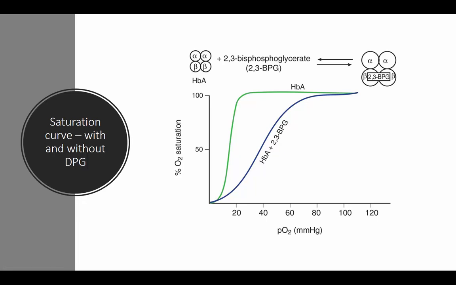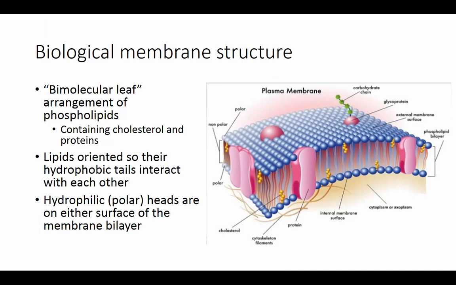And there is a physiological reason for that, because hemoglobin is ultimately delivering oxygen to tissues. So once it is bound, we want it at some point to become unbound. And so this kind of smooths things out a little bit and allows that binding and unbinding to happen more readily.